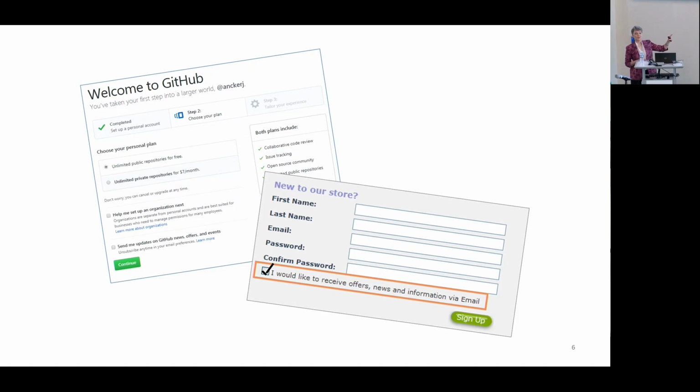I used the screenshot from GitHub in the back there because it's one of the few times where you can get onto the mailing list if you want to, but it doesn't opt you in. You actually have to check that box to get in. So those are examples. Again, this is choice architecture. It's giving you the choice about whether you want to sign up or not, but there's a clear bias, I suppose, depending on how they design that.